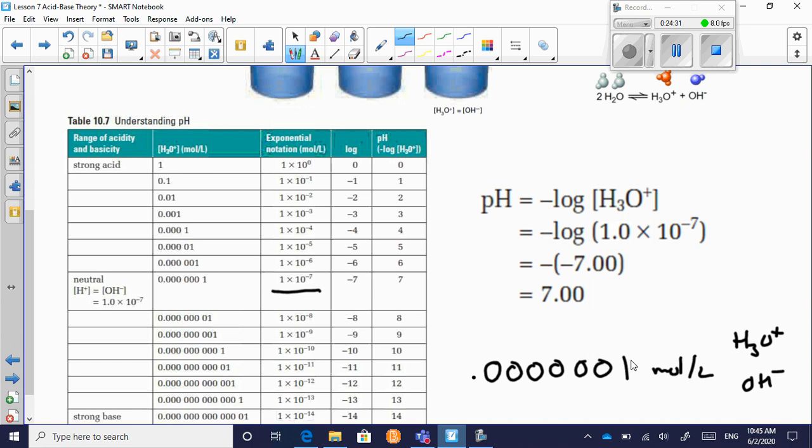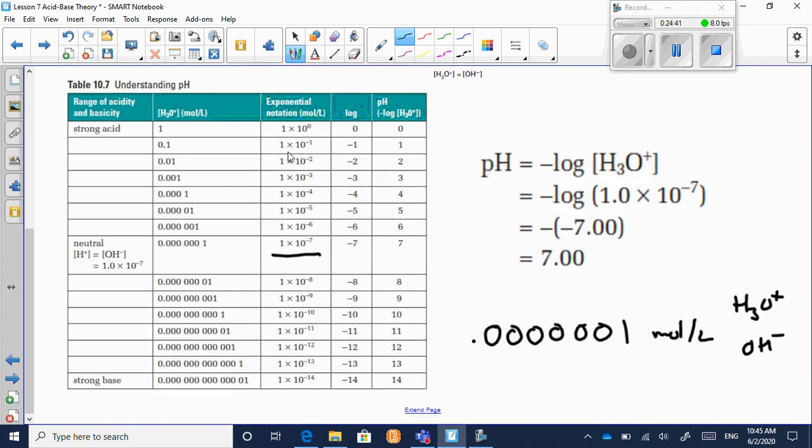And so you can see that in a strong acid, it goes up to basically just 1 mole per liter. And look at this, for a strong base, it's 1 times 10 to the negative 14 moles per liter of hydronium.